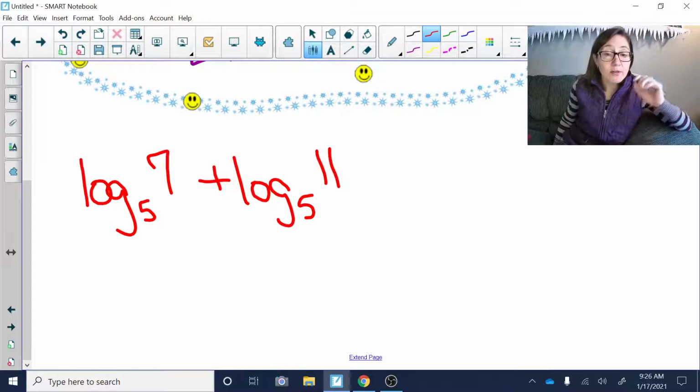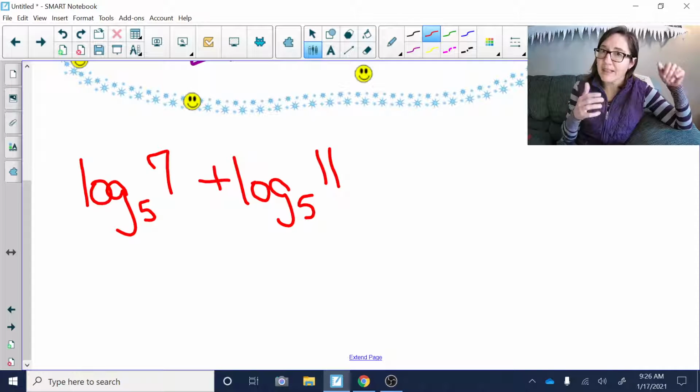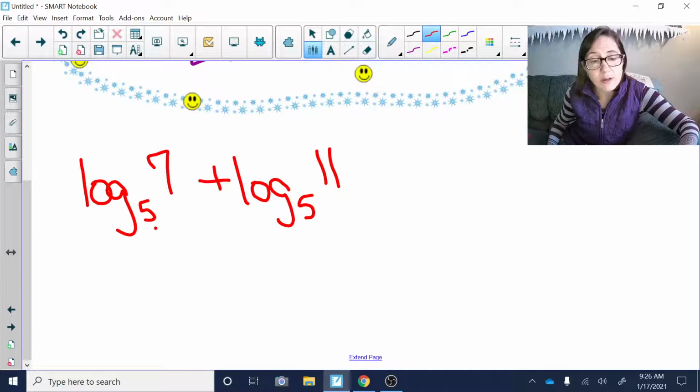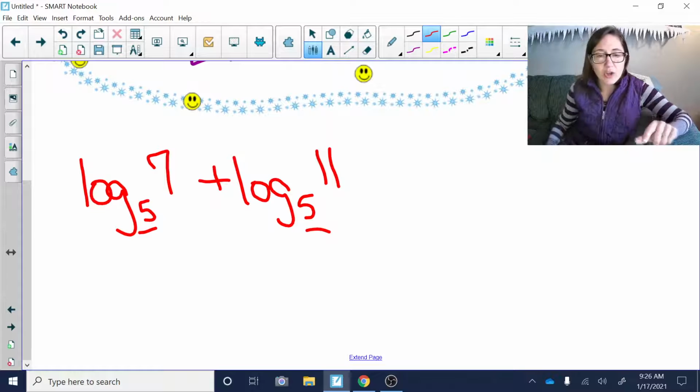Okay, so if you look at this, first check and see if you have matching bases. You have to have matching bases to use any of the logarithm rules, just like you had to have matching bases in any of the exponential rules. Okay, so we do. If you look at these 5s here, they match.